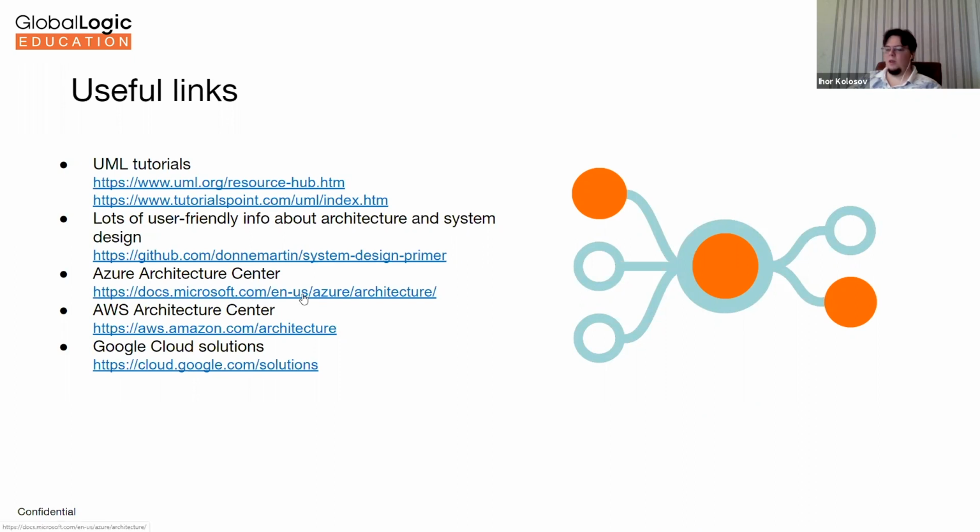Also links for major architecture centers, modern architecture centers such as Azure, AWS, or Google Cloud. They were extremely useful, at least for me. Probably these links may help you too, so why not? Let's try.